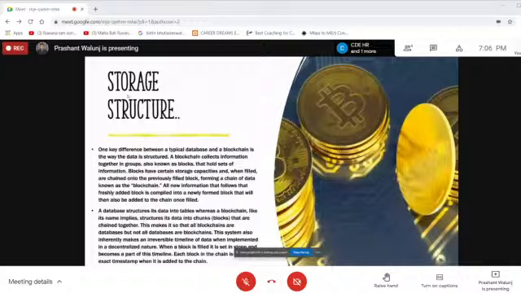A database structures its data into tables, whereas a blockchain, like its name implies, structures its data into chunks or blocks that are chained together. This makes it so that all blockchains are databases, but not all databases are blockchains. The system also inherently makes an irreversible timeline of data when implemented in a decentralized nature.